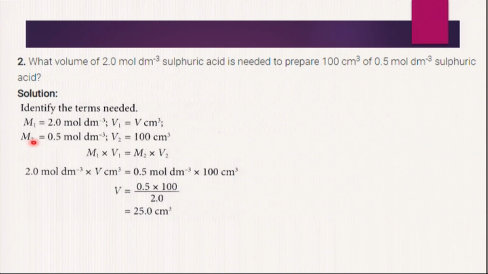M2 is 0.5, that is the diluted. V2 is 100 cubic centimeters. Then, what will be the V1? Just substitute in this. It is just a substitution, 25 cubic centimeters.